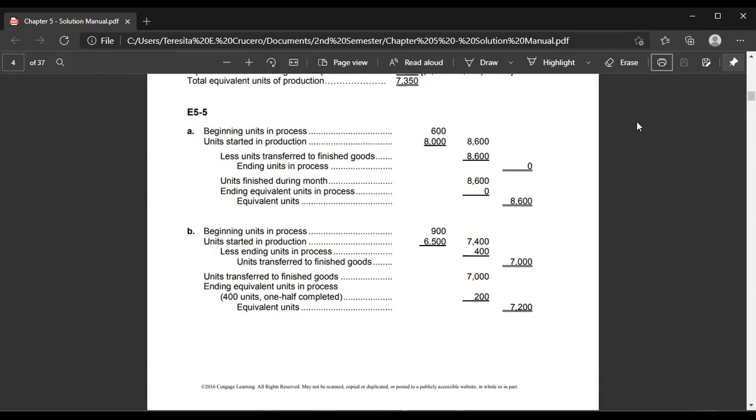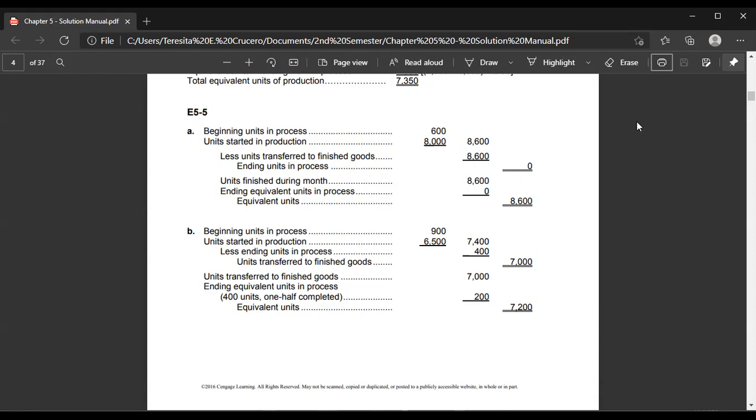So the total is total units accounted for. Now I'll repeat. The total units to be accounted for is the sum of the beginning inventory plus the units just started. And the units to be accounted for should tally with the units accounted for. So the units accounted for is the sum of the units completed and the units in process end.